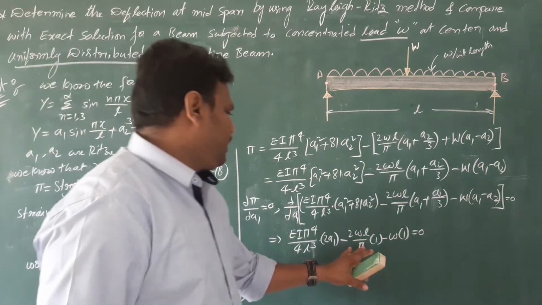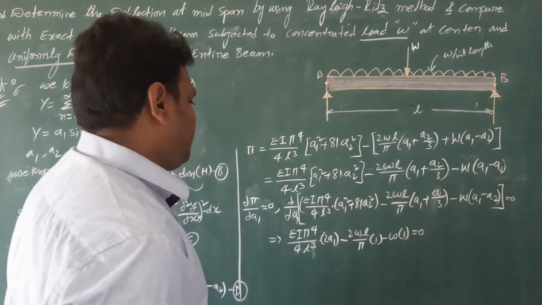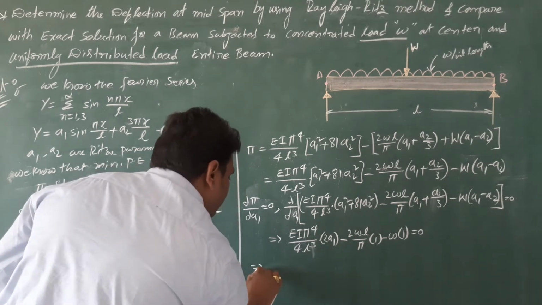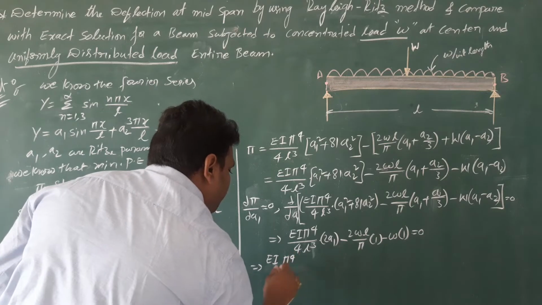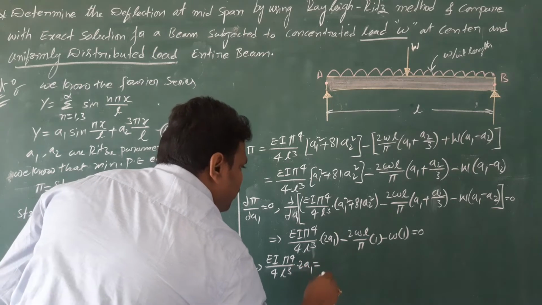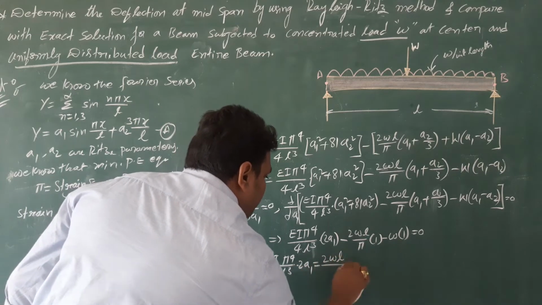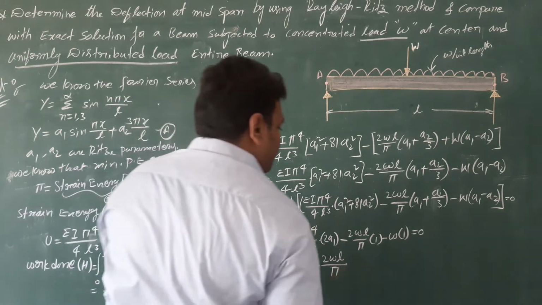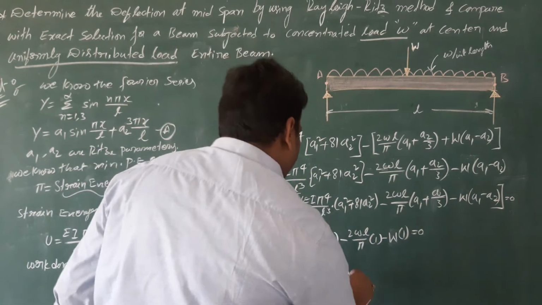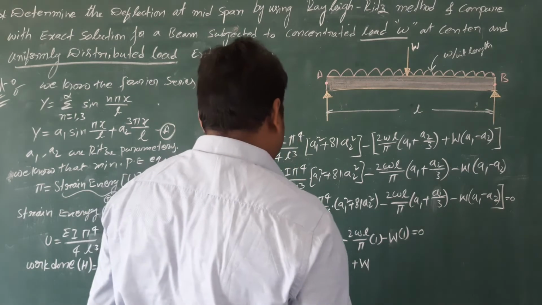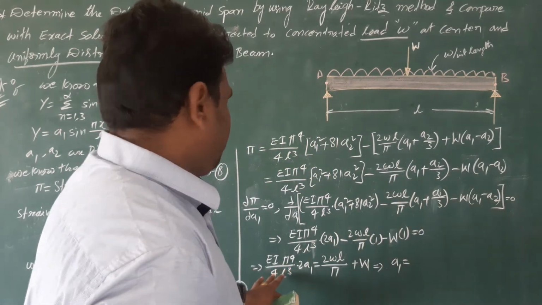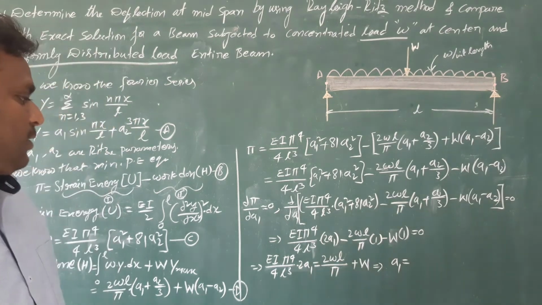Now take these two terms to the other side: EI pi power 4 divided by 4L cube into 2A1 is equal to 2wL by pi plus capital W. We want only A1 here, so we send the other factors to that side.